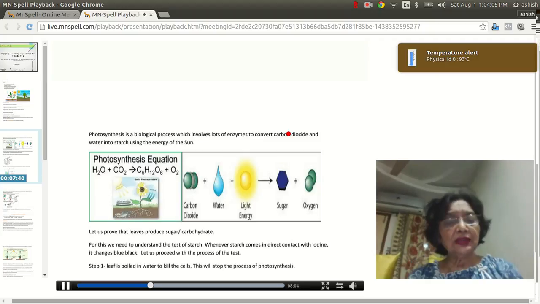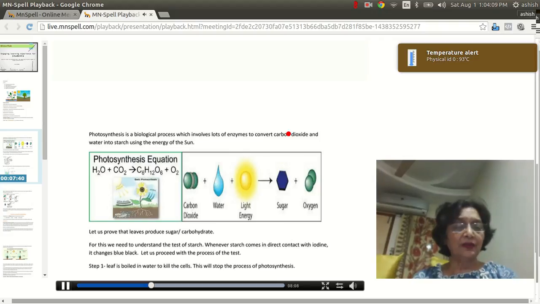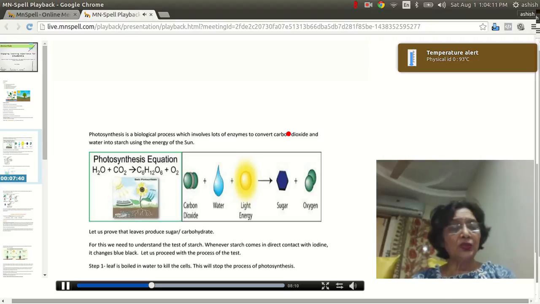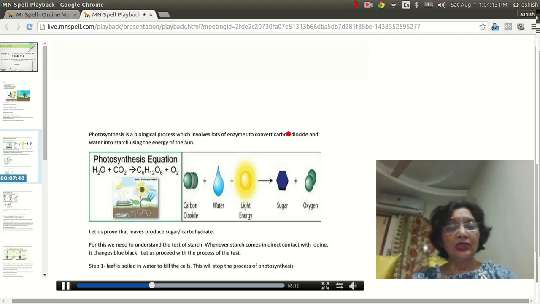Let us try to construct an equation. So H2O means water, CO2 is carbon dioxide, and when there is a chemical reaction between H2O and CO2, this glucose, which is the simplest form of a starch, is formed with oxygen.